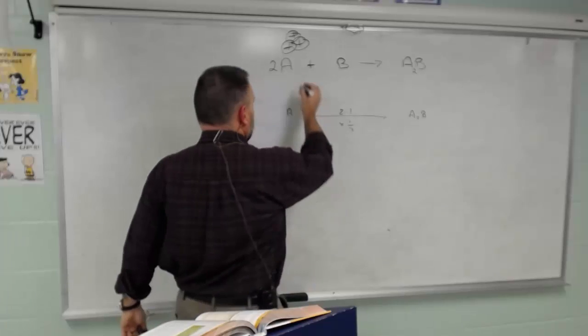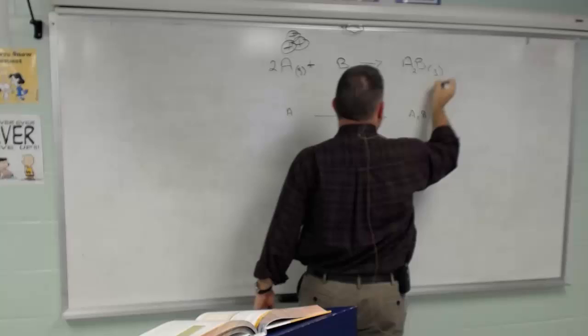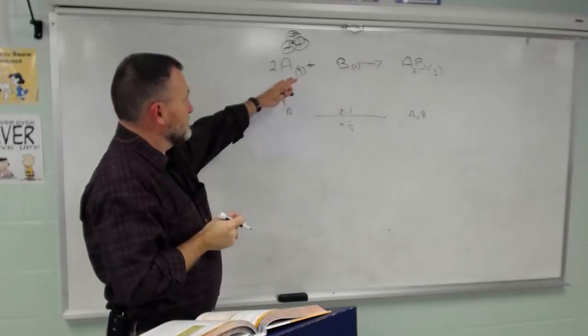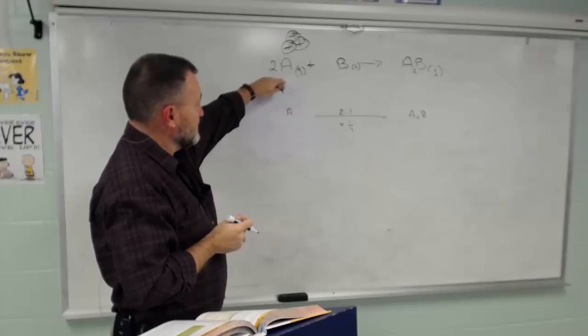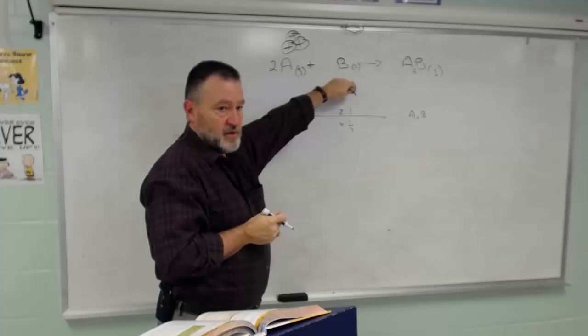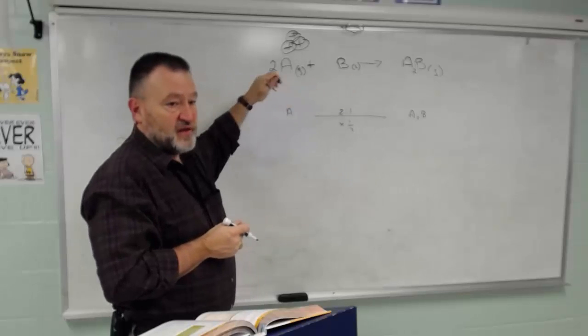If this was a gas and this were a gas, say this one's a solid, can I relate the volume of this to this? No. Why not? This is in a solid phase. It can't relate volumes of anything other than gases.